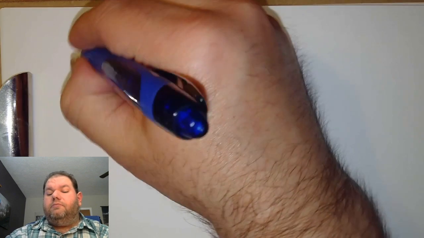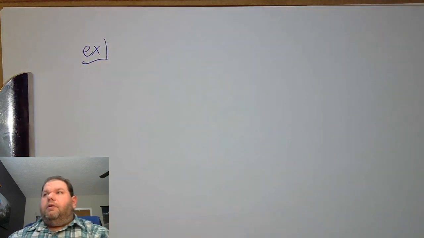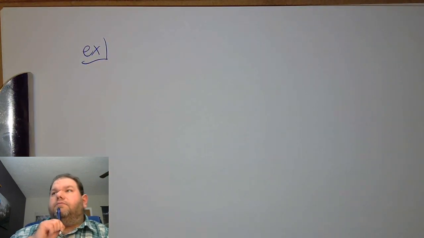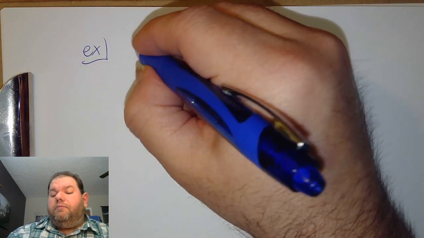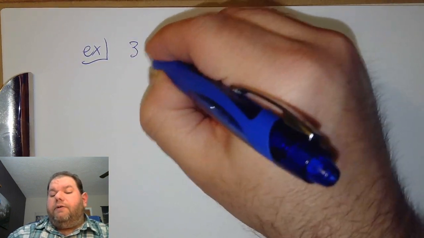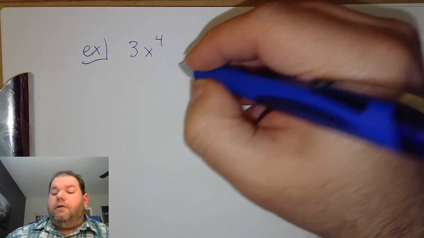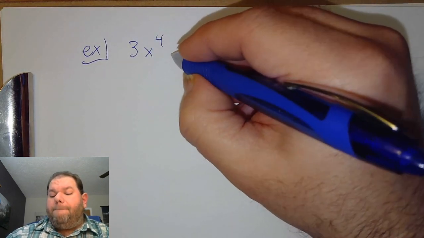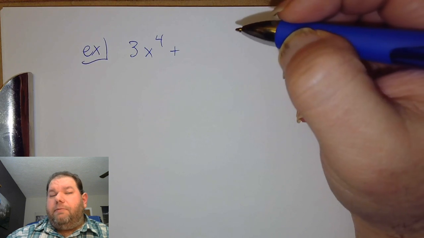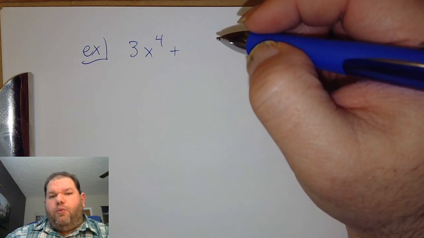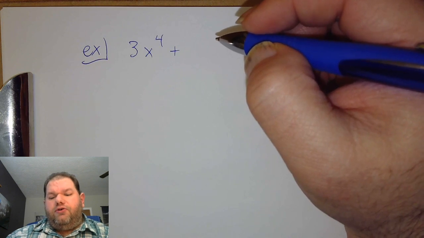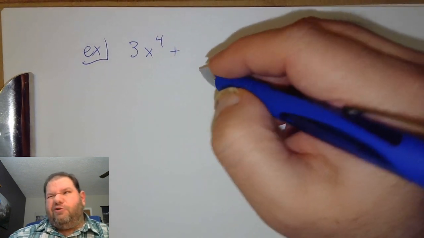For example, let's see. Let's do 3x to the 4th plus, and I'll just keep everything positive still, just to eliminate one additional step or element.